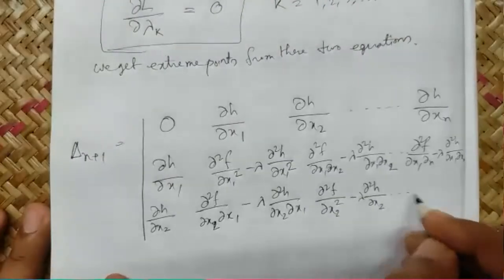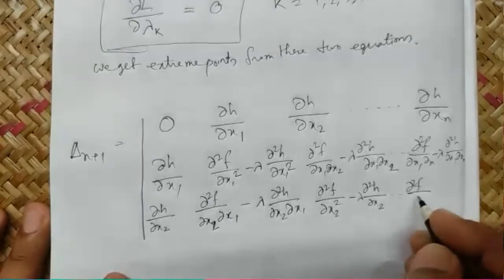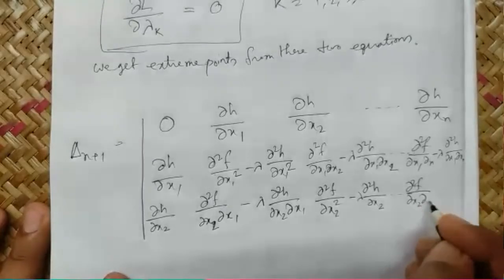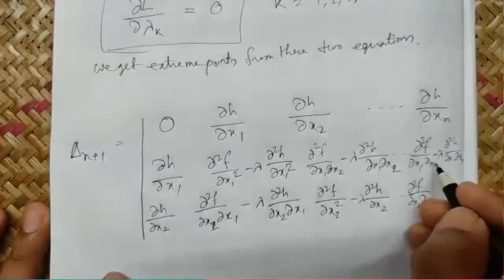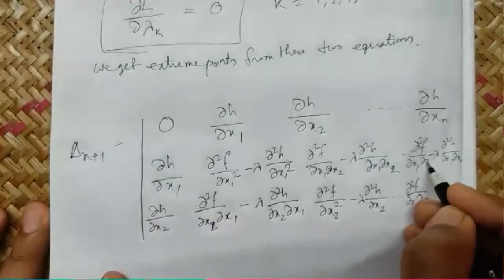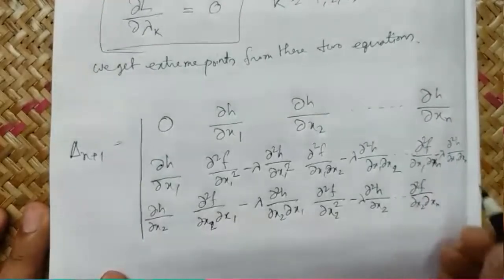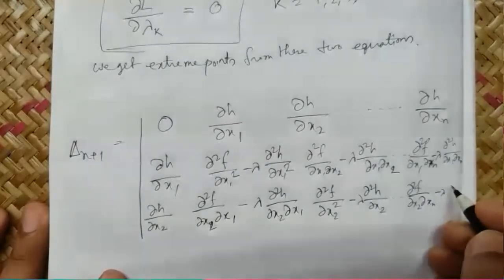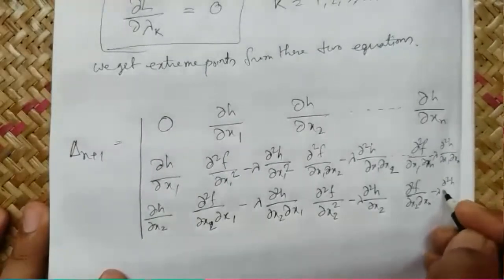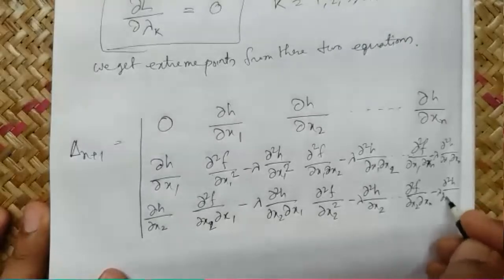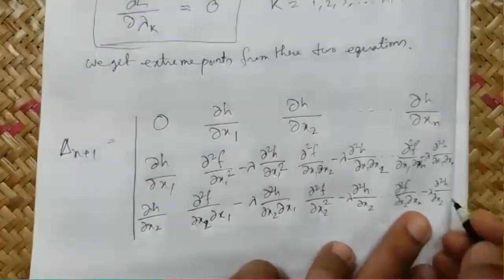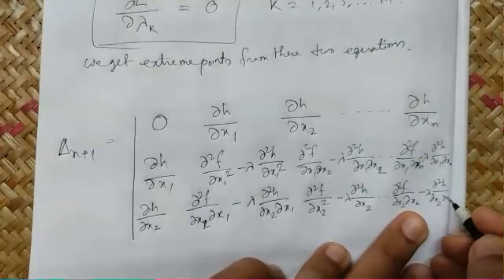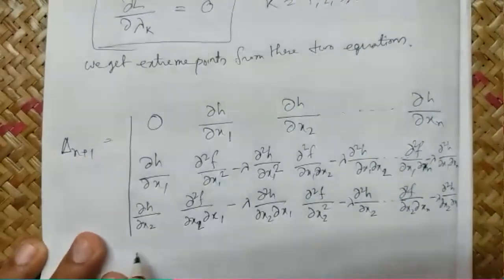Similarly, it goes up to del 2f del x2 del xn minus lambda into del 2h del x2 del xn.